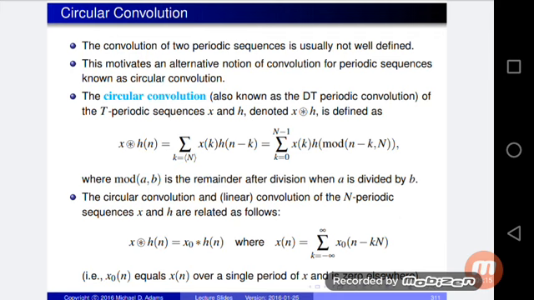Next one is circular convolution. The convolution of two periodic sequences is usually not well defined.